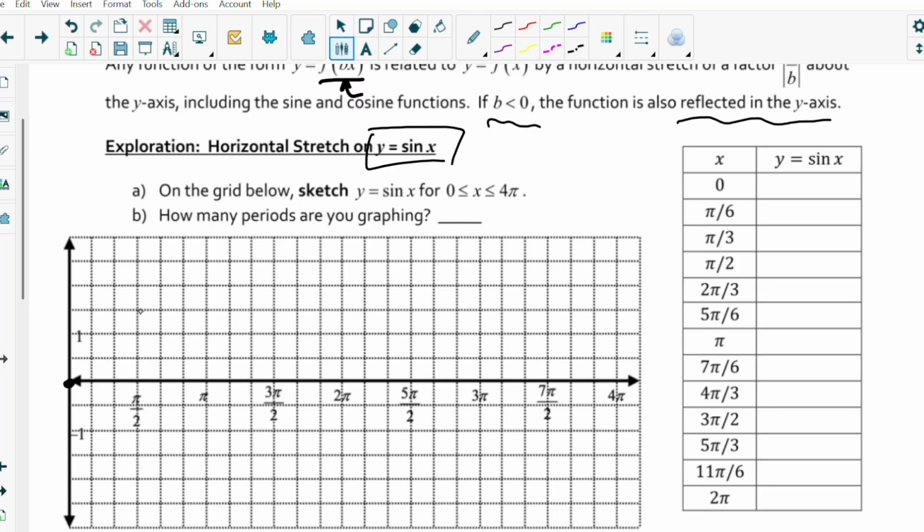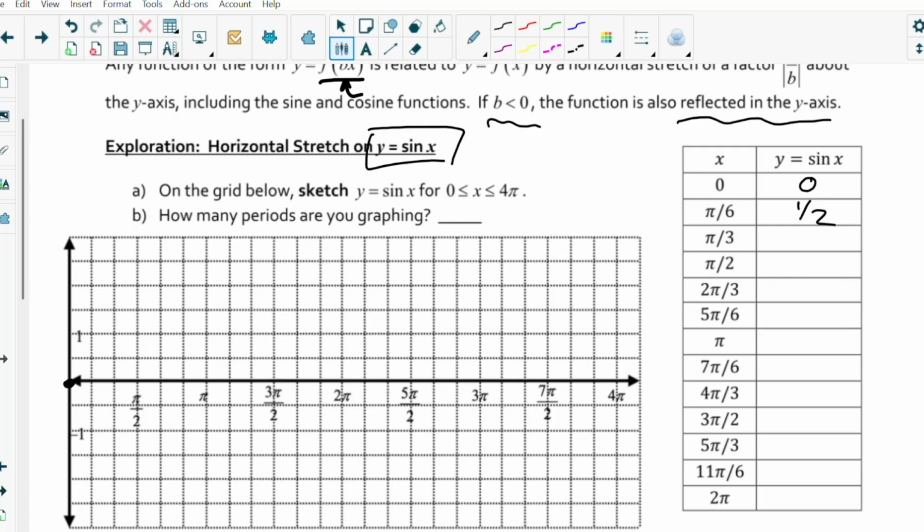This is our classic sine function here. At x equals 0, sine is 0. At x equals pi over 6, sine is 1/2.